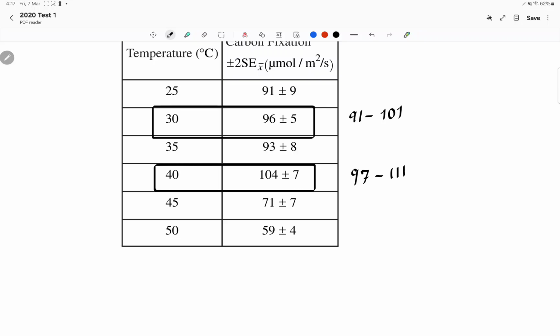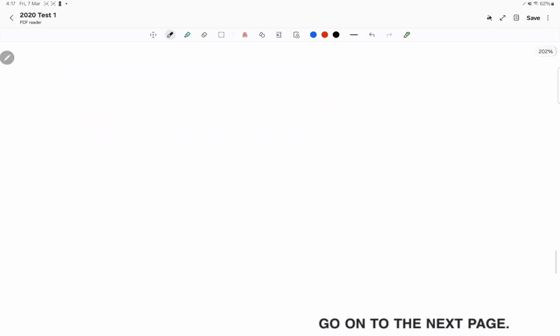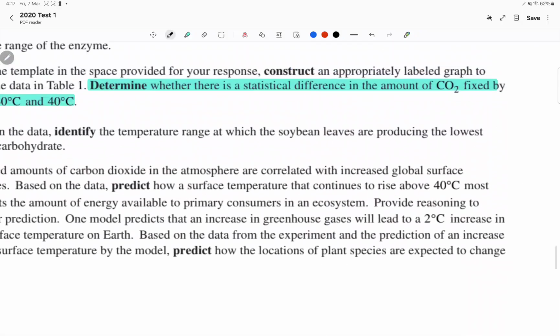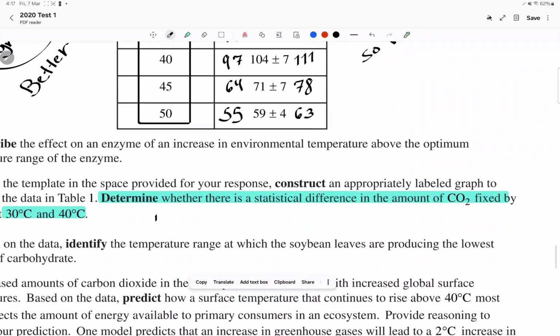They're overlapping in their numbers, because there's 101, there's 97. So there's no difference, we would say. Not statistically different.